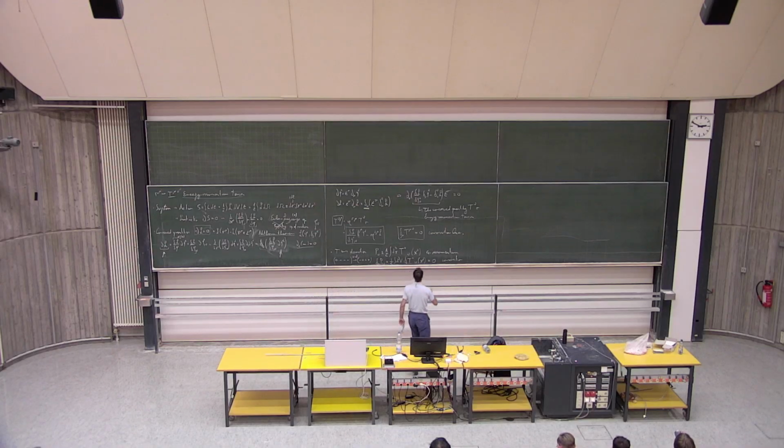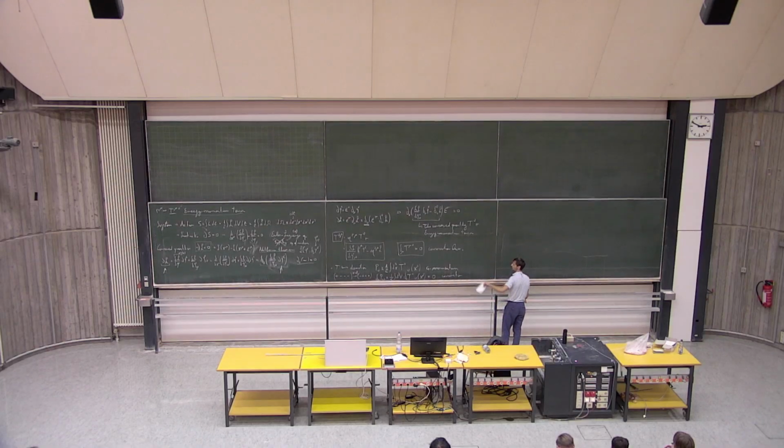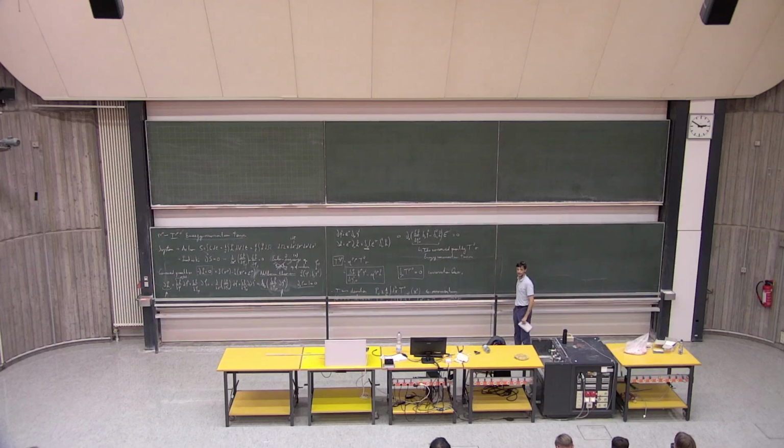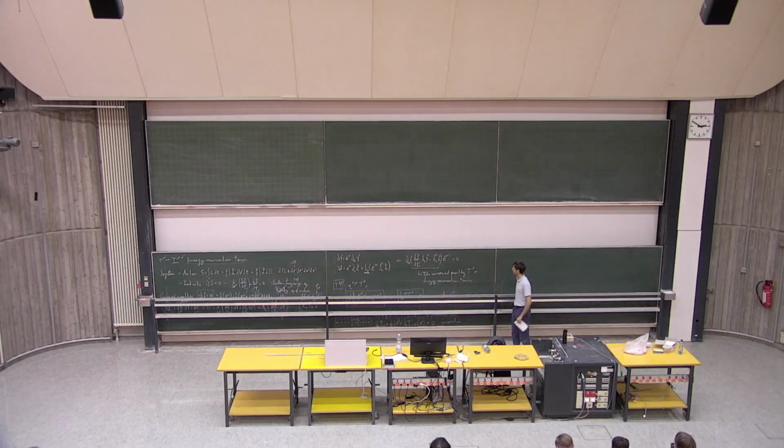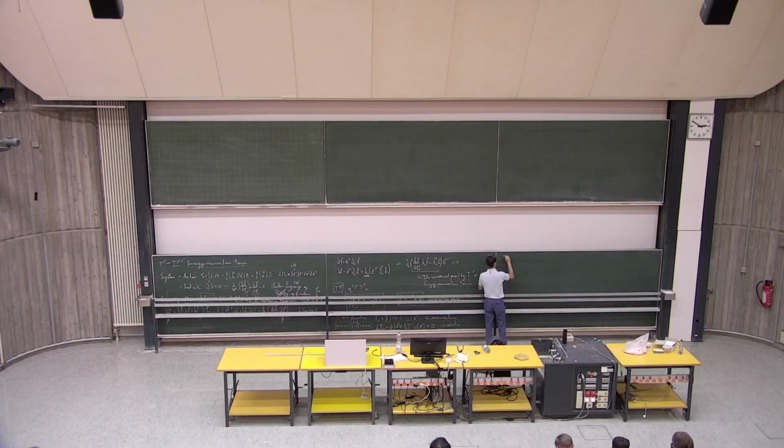One comment about this energy momentum tensor. If we construct it in this way, it's not guaranteed that it's symmetric. Written like this, it is not symmetric in general. But it's expressed through a matrix, right? And we can diagonalize it.